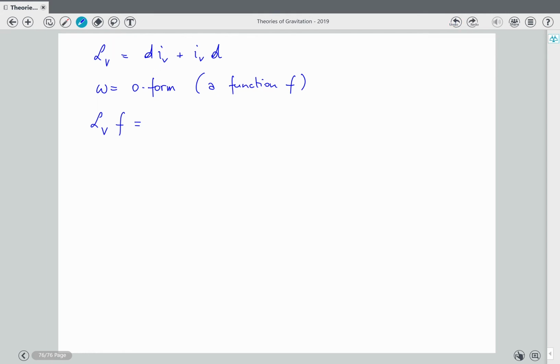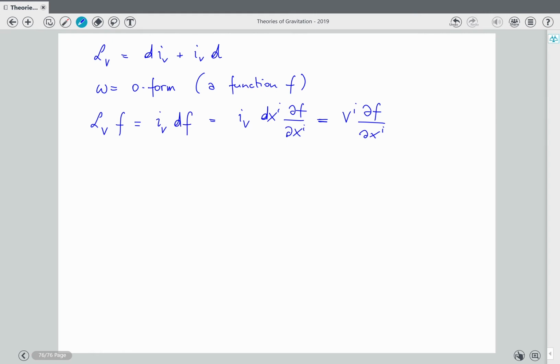You cannot lower the degree of a zero form, so you just have i_V df, and that is i_V (∂f/∂x^i dx^i), and when you contract, that is just V^i ∂f/∂x^i, namely the derivative of f along the vector field.